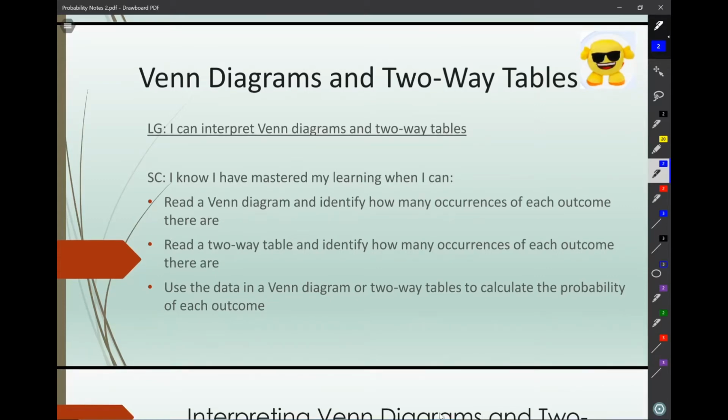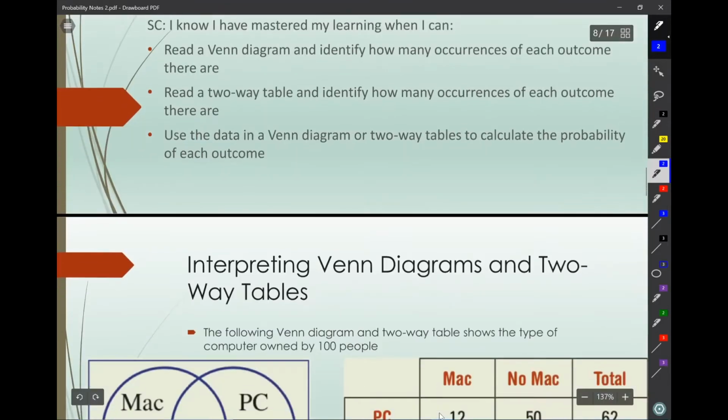Our next lesson in our probability unit is going to be about Venn diagrams and two-way tables. Basically, these are a couple of methods where we can represent the results of experiments that have two distinct options. And I think the best way to show you how these work is to just jump straight into an example.